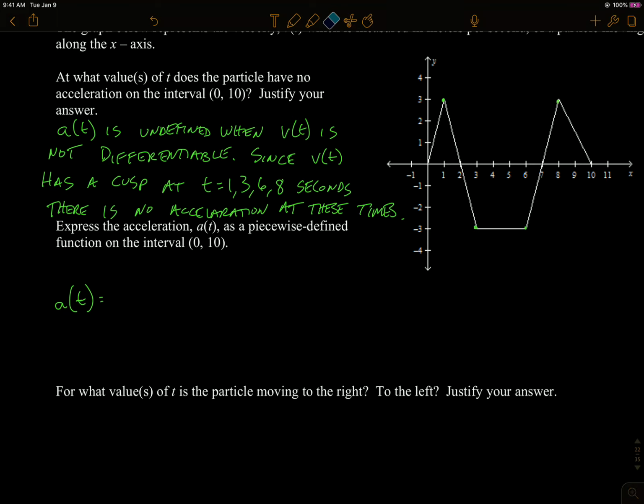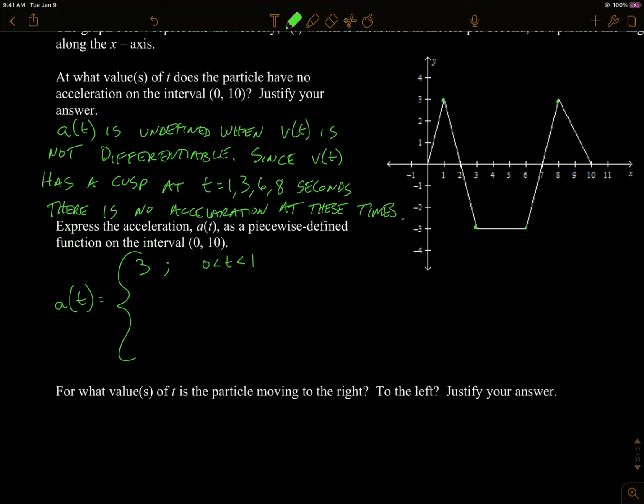So the acceleration on the interval 0 to 1, the derivative is whatever that slope is. It's up 3 and right 1, so it's 3. And we don't include the endpoints because there is no derivative at 1. They're asking for the open interval 0 to 10, so we don't include 0, and we can't include 1 because the function's not differentiable at 1.